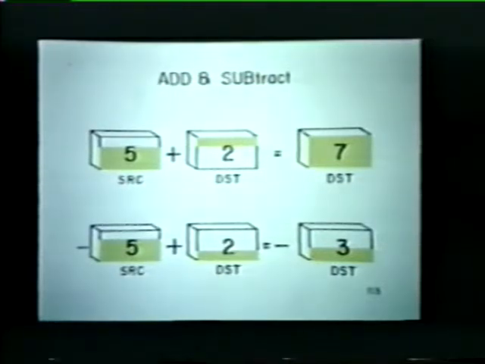The add instruction adds the source operand to the destination operand and stores the sum back into the destination. The subtract instruction subtracts the source operand from the destination and places the difference in the destination. Notice that we're taking two numbers and performing an arithmetic operation, all by means of a single double operand instruction.